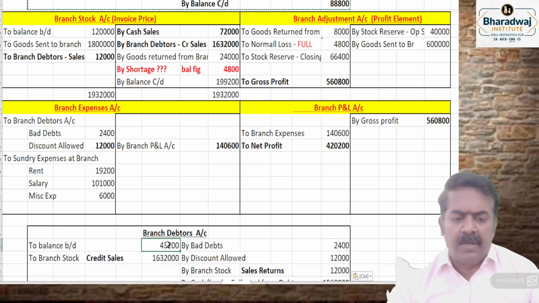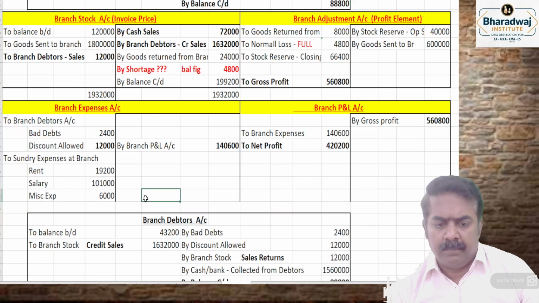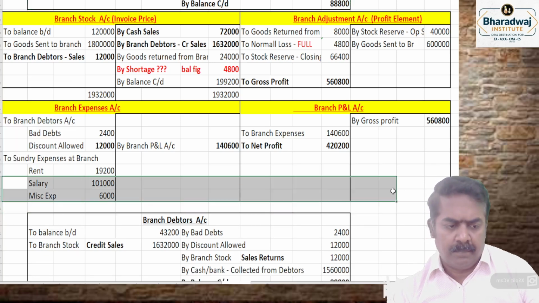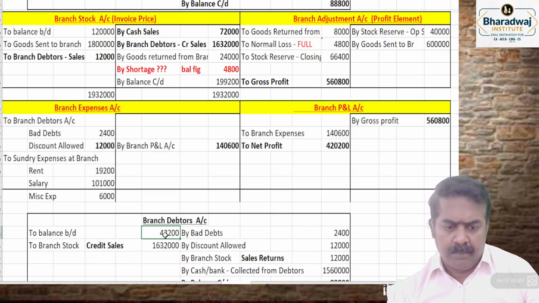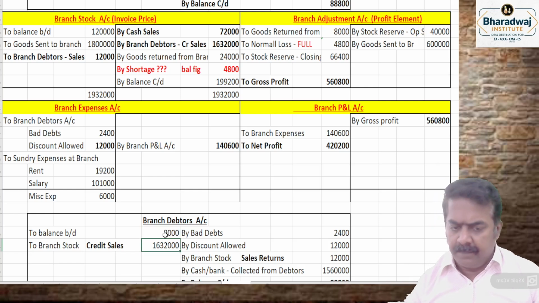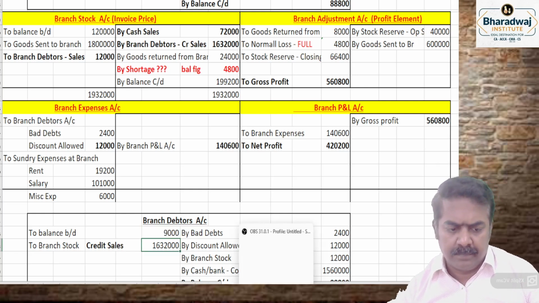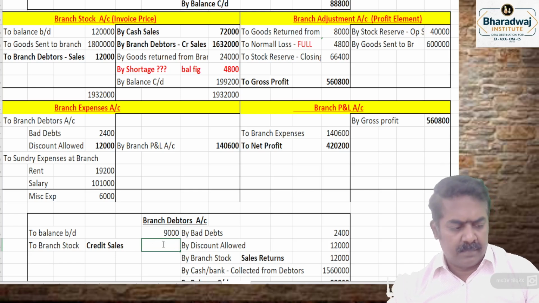What is the opening balance of debtors? Credit sales. What is the credit sales? 30,000.